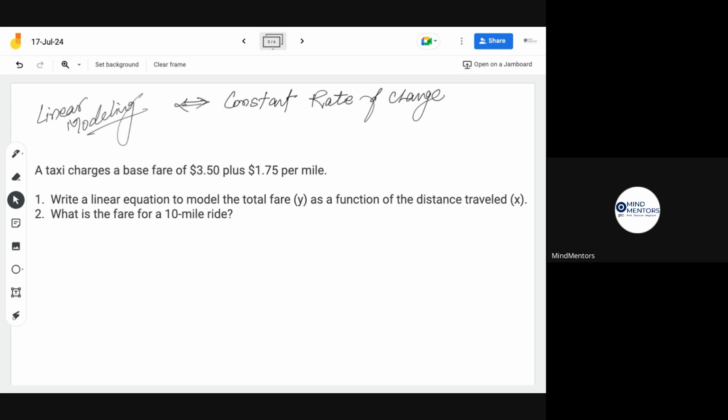How about you, Ansh? All right. Okay, you understand this modeling pretty well. Then let's do one or two more.